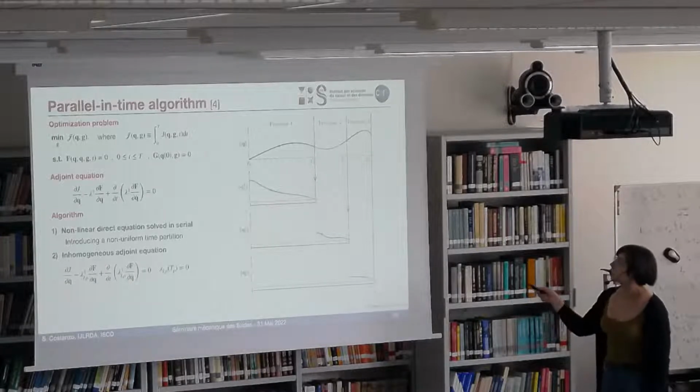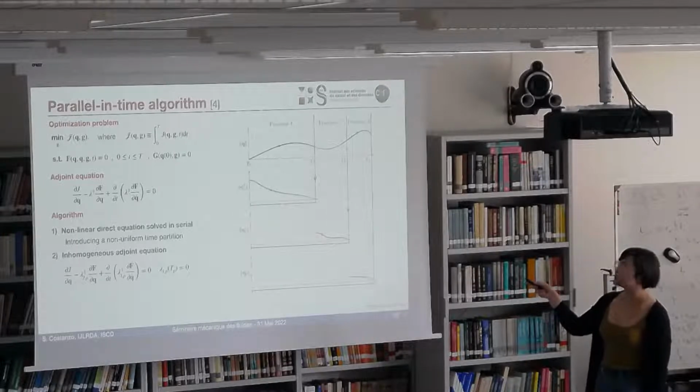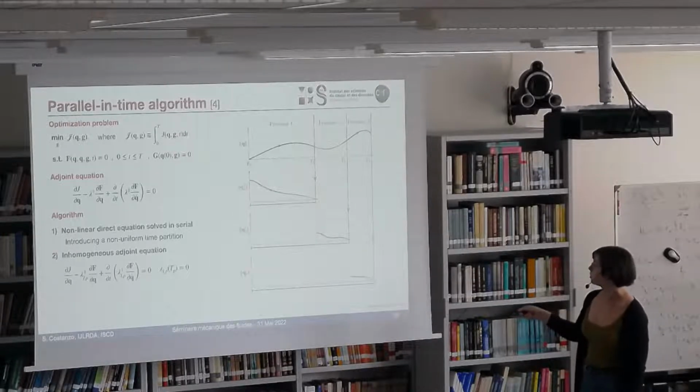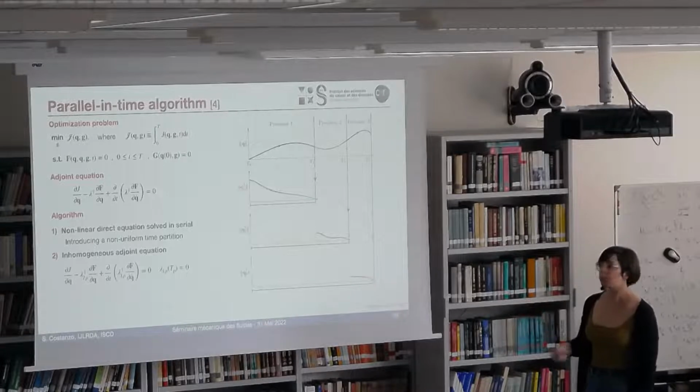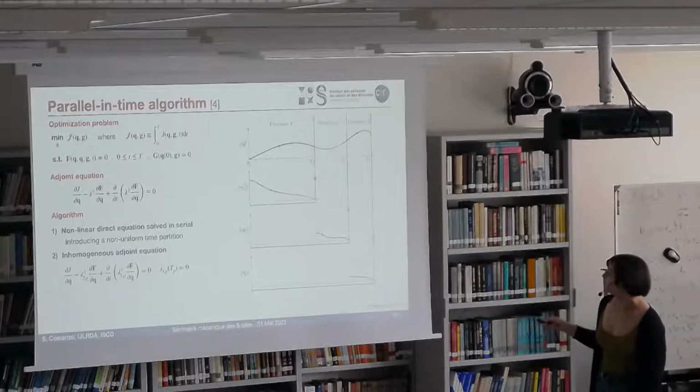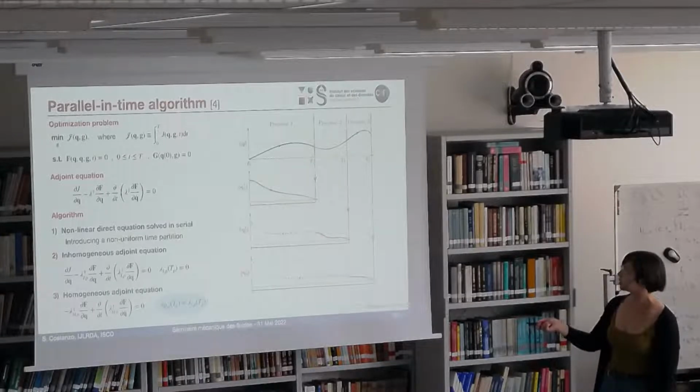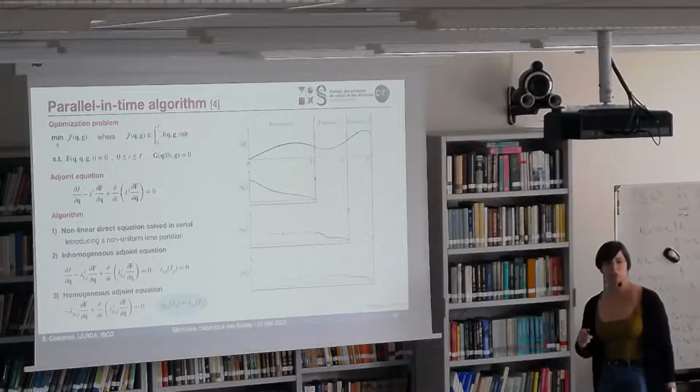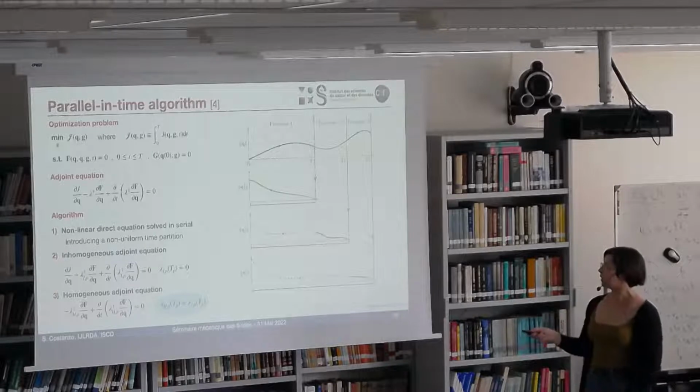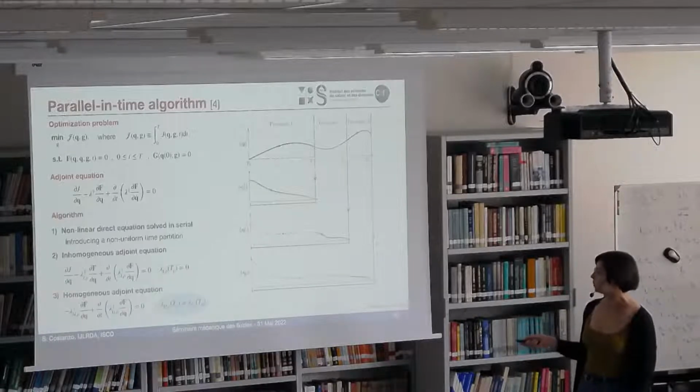As you can see, the time partition is non-uniform in order to reduce this waiting time we have here. Once we are here, we have the initial condition to be able to solve the homogeneous adjoint equation.